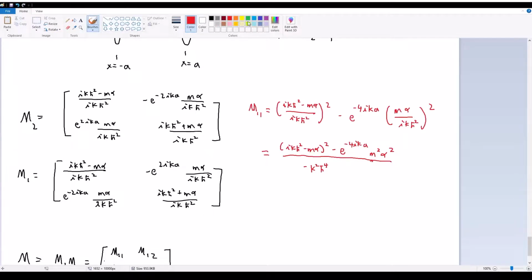Now let's move on to M12, which we'll do in blue. M12 is going to be this first row up here multiplied by the second column down here.